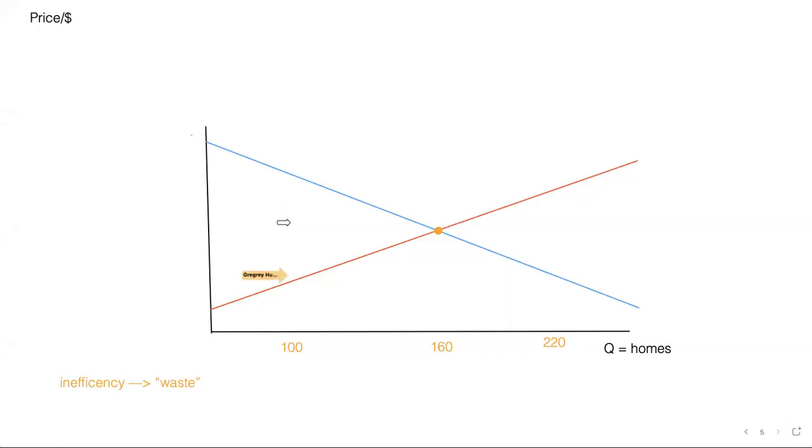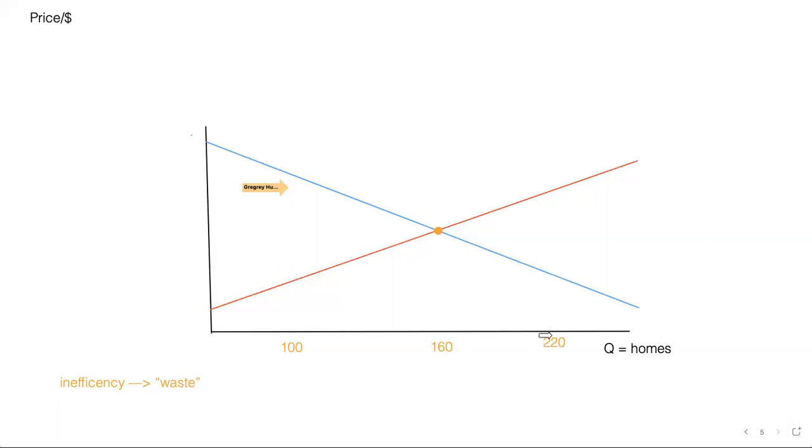Would any of those homes be wasted? No, right? If you need 160 million and you only produce 100 in your society, you're going to have more than enough families to occupy those homes.